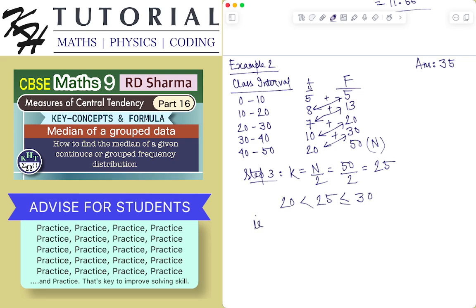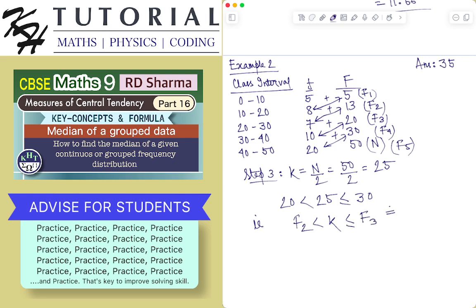That is, this is F1, 5 is F1, 13 is F2, 20 is F3, 30 is F4, and 50 is F5. So we clearly see that the value of K is lying between F2 and F3.